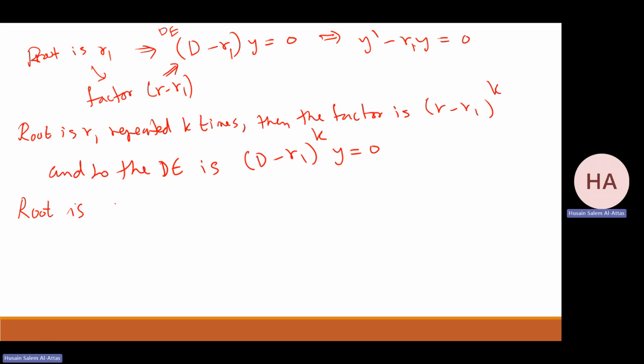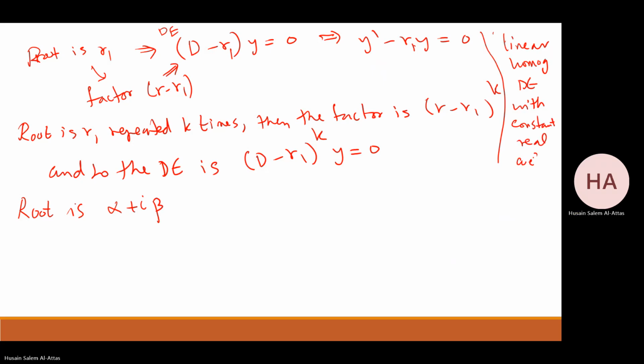If the root is alpha plus i beta, I'm talking about a linear homogeneous differential equation with constant real coefficients, where it comes from cosine and sine, then for sure alpha minus i beta is also a root.